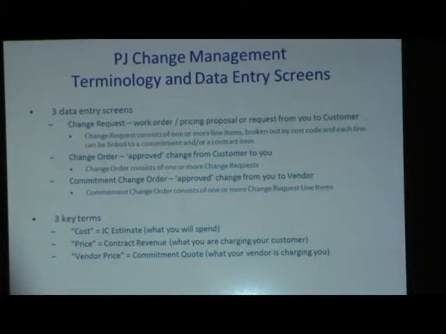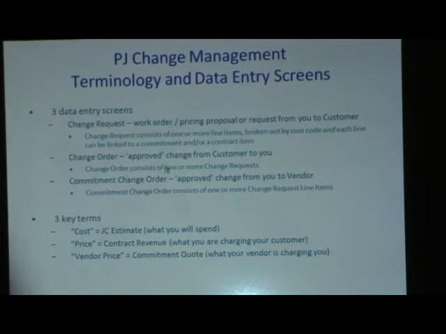Here are the 5 different things we talked about for scope changes, here's what each of them costs, and then at the end of the month, the owner comes back and says, yeah, go ahead on number 1 and number 4 and number 5, but we're going to hold off on number 2 and 3. Then you would go into the change order and say, change request number 1, number 4, and number 5 are all approved this month. Let's update our contract amount so we have more to bill. Let's update our estimate to account for that extra scope.